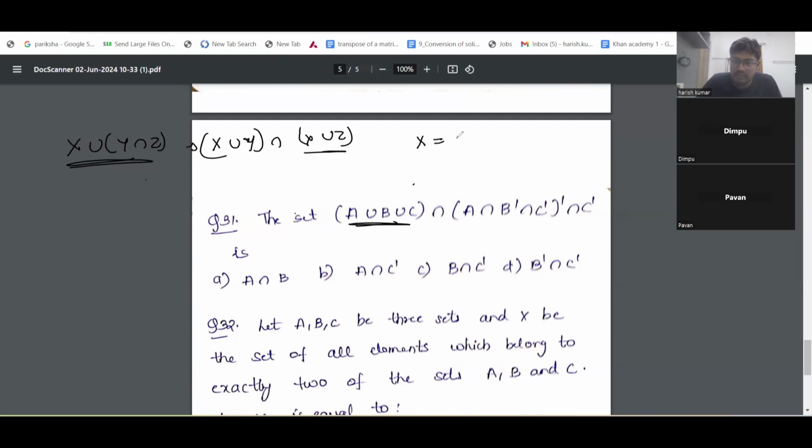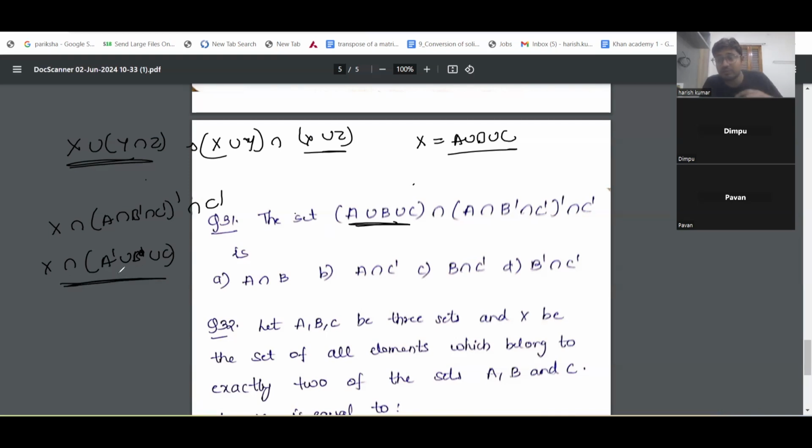Let X be a set which is A union B union C. Now this problem simply becomes X intersection A intersection B complement intersection C complement whole complement intersection C complement. If I evaluate this, it becomes A complement union B complement union B union C. Now you try to evaluate this.